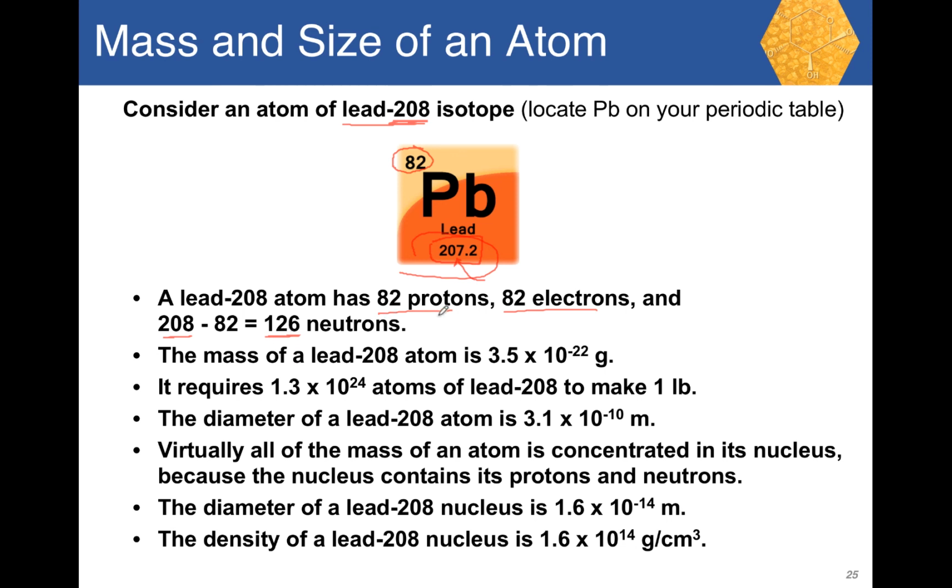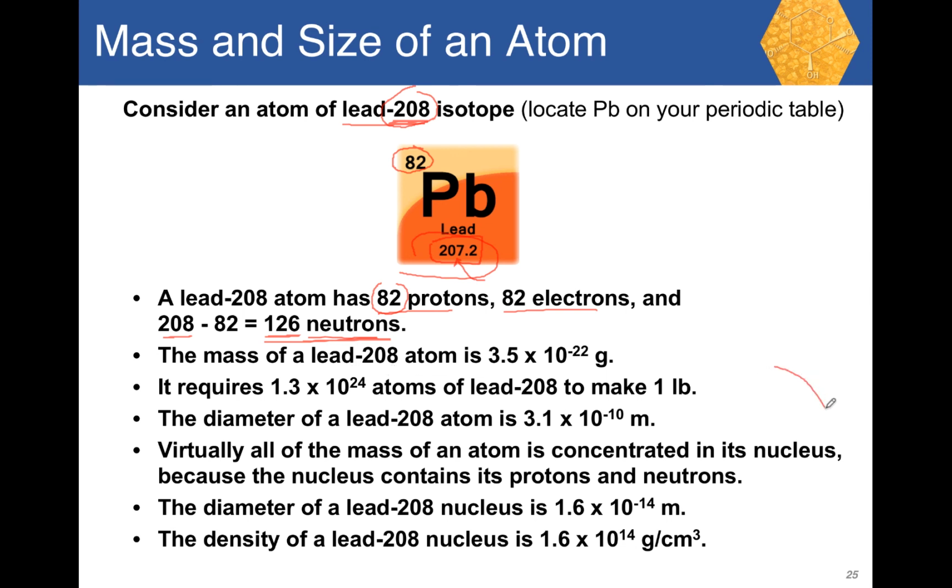So the difference between the number of protons and the actual mass number would be the number of neutrons. Let me say that again. The difference between the number of protons and its atomic mass would be the number of neutrons.